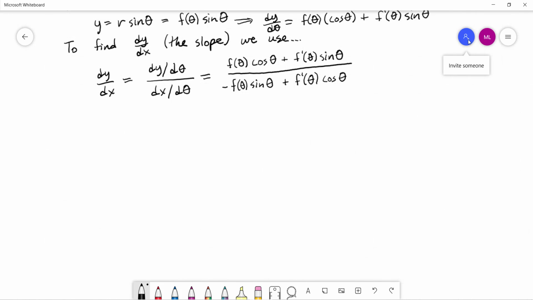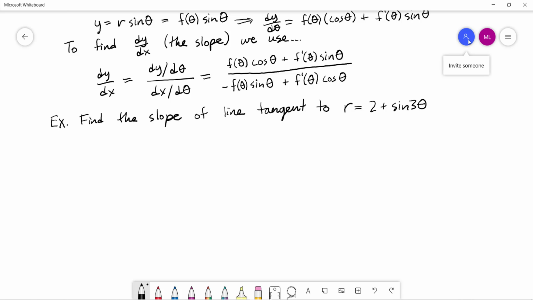So as an example, just to make life easy, let's find the slope of the line tangent to, let's say our graph is going to be r equals 2 plus the sine of 3 theta, at theta equals pi over 4.